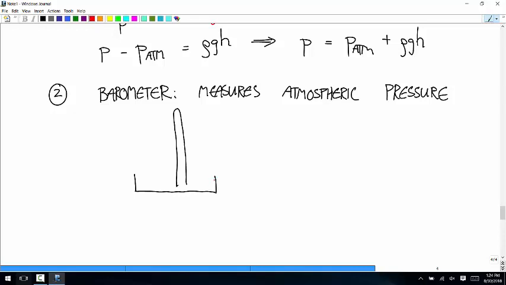You have a liquid that sits in the dish, and because the dish communicates with the tube, it can climb this tube. We're going to call this distance h.